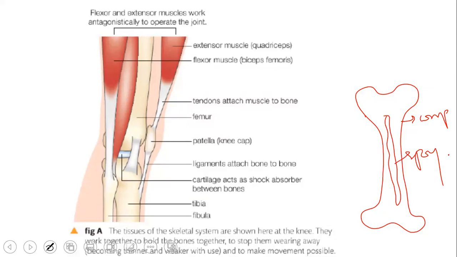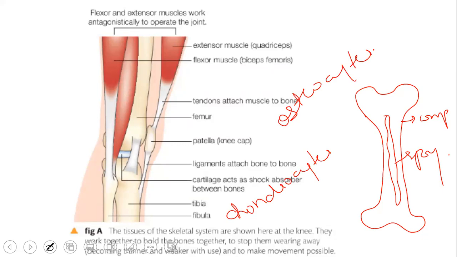Then we have cartilage. Cartilage is hard, but it is flexible tissue. It is made up of cells that we call chondrocytes. So the name of the cells of the bone are osteocytes. The name of the cells of the cartilage are chondrocytes, right?